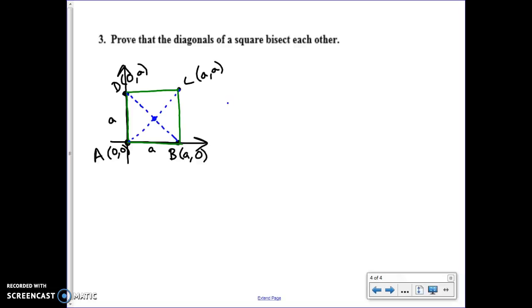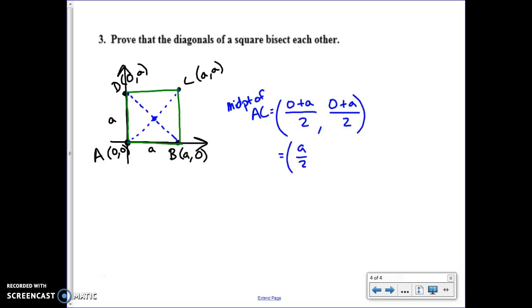So we're going to find the midpoint of AC. Remember that for our midpoint, we add the values and we divide by 2. So I'm going to add the x values, 0 plus A, and divide by 2. And I'm going to add the y values, 0 plus A, and divide by 2. So I get A over 2 and A over 2.